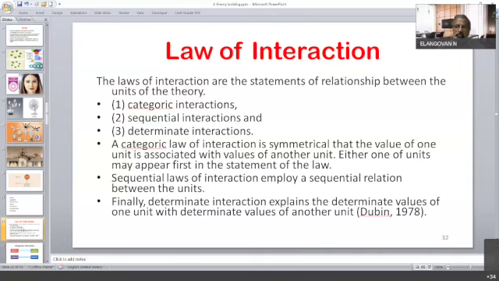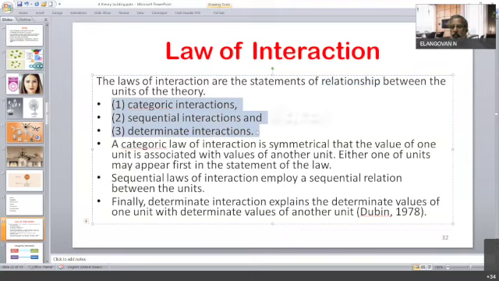So a unit alone doesn't make the theory. Maybe explanation of the unit can make a theory, or the association of a unit with another unit will make a theory. That association is the relationship, and there can be three types of relationship between two concepts or two units.